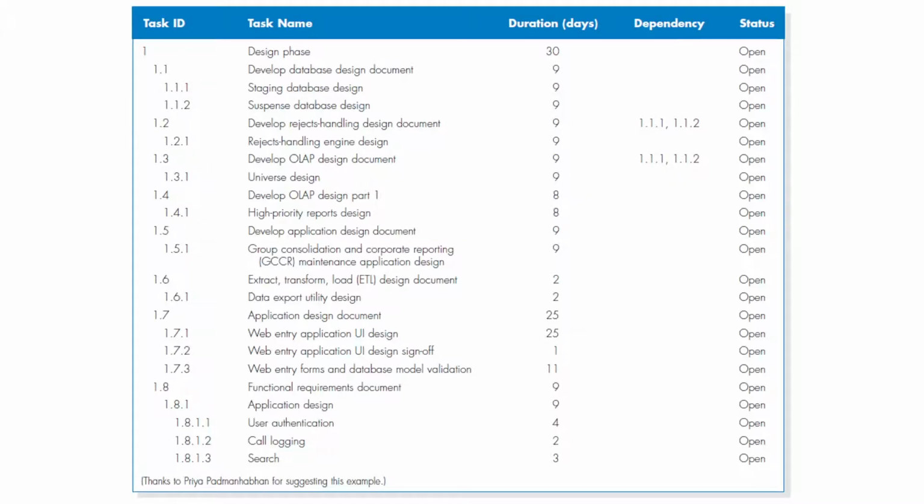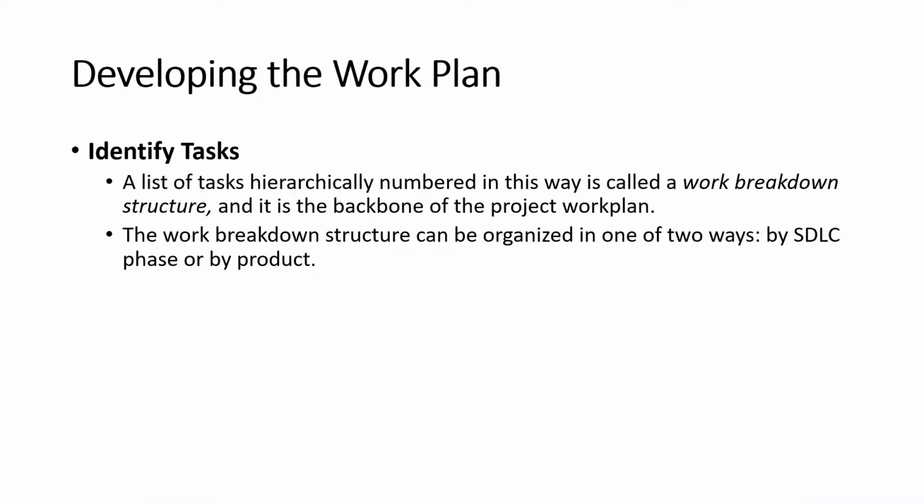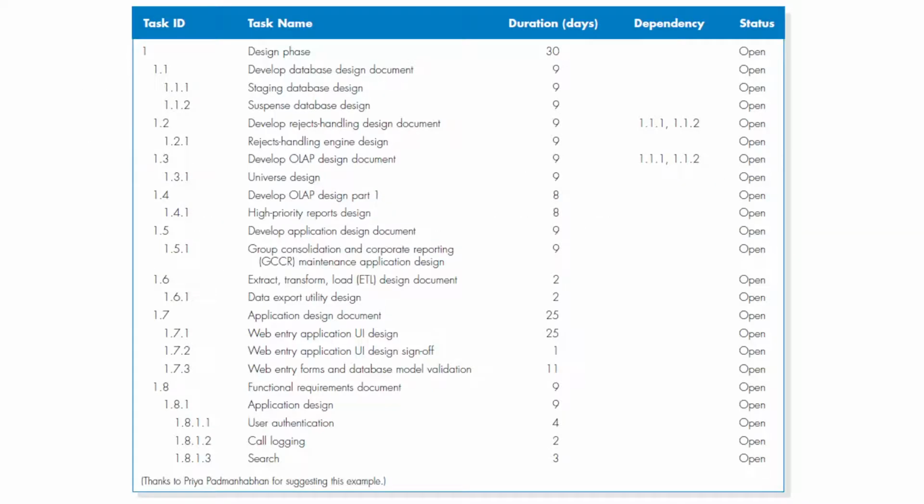This is an example of a project work plan. As you can see here, it has a design phase at the top, then it says 30 days, and then the development was broken down into pieces like develop database design, staging database design, 9 days, and so on.